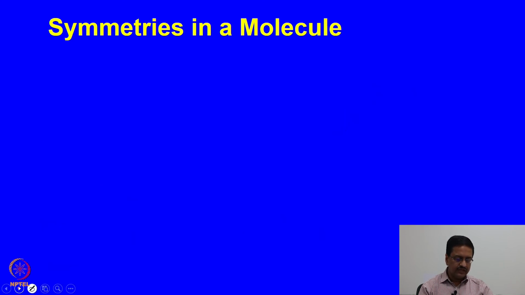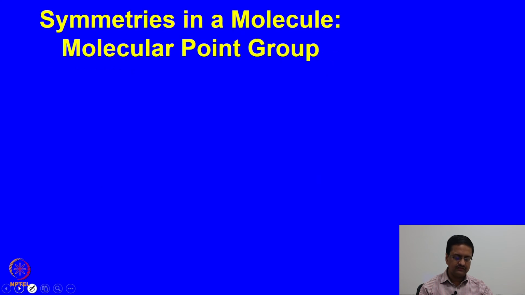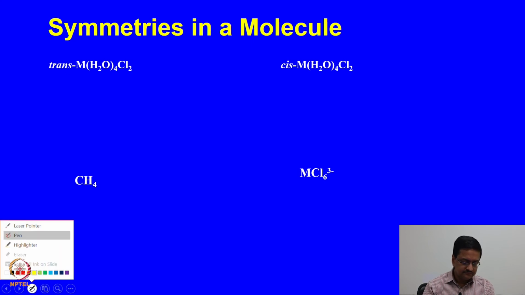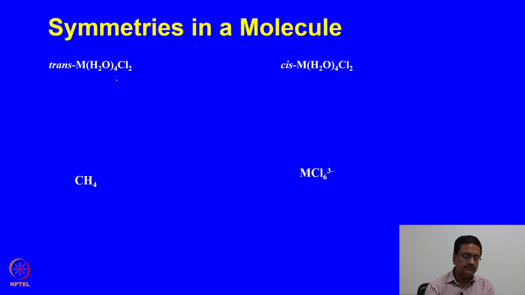When we try to do that, we have a few other molecules which I would like you to do yourself. I am going to only draw the molecules for you to find the symmetry elements present in those. Trans dichlorotetraaquo complex: like metal, Cl and Cl above and below, and then you can have water molecules.